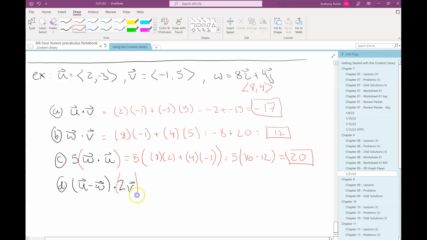On D, I'm going to choose to just do this as an order of operations problem. So u minus v gives me 2 minus -1, and then -3 minus 5, and then dot 2v is -2, 10.